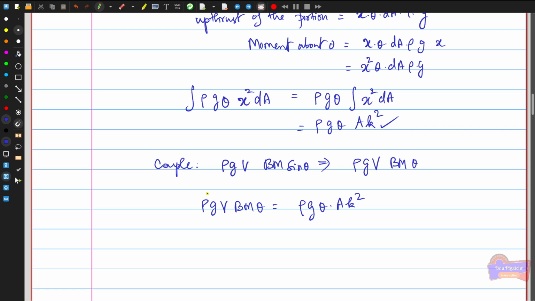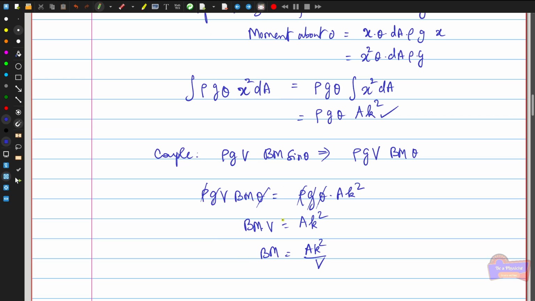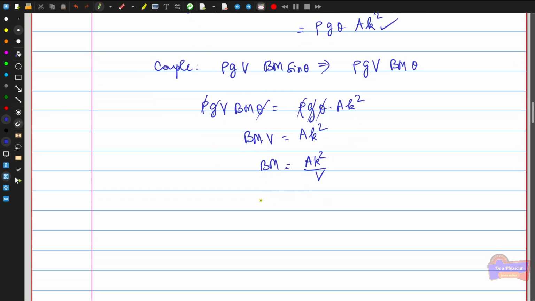I can cancel out all the constants on both the left-hand side and right-hand side, so that the final value is BM times V equal to Ak squared, or BM, the distance, is equal to Ak squared divided by V. This BM is nothing but the metacentric height. If I take the metacentric height as h, then it is equal to Ak squared divided by V.